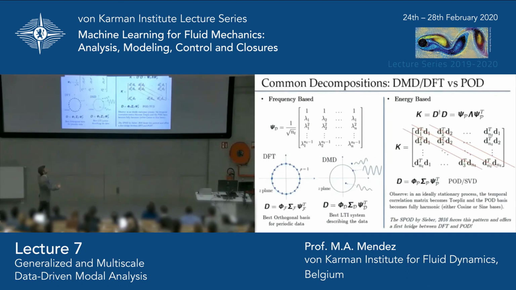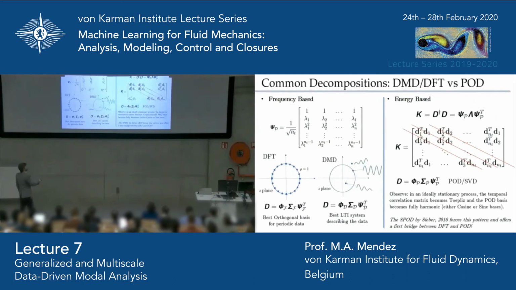So in that particular case, your correlation matrix looks like a convolution matrix, and its eigenvectors are Fourier modes. And so in this case, POD is a harmonic decomposition, okay? In fact, you can choose them to be real, so it can become a cosine transform or a sine transform, but we can talk about that over the coffee if you want.